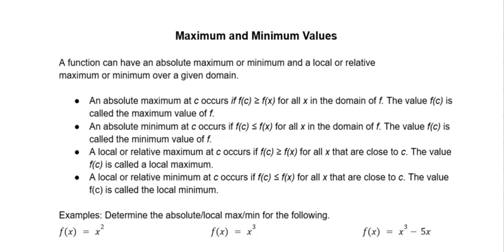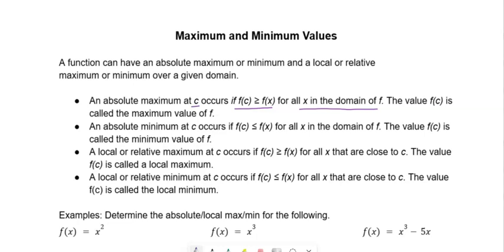A function can have an absolute maximum or minimum and a local or relative maximum or minimum over a given domain. And we'll go through these different cases. So an absolute maximum at some number value c occurs if the function at c is the greatest value of the function for that domain that's been given.